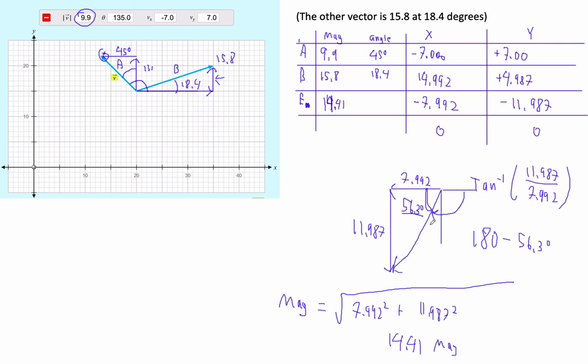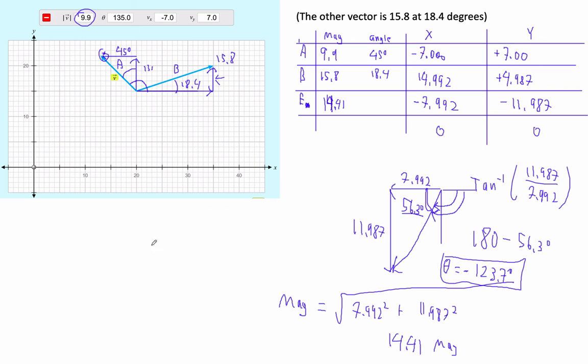So you've got to be clever about it when you go in there and try to draw that next vector, and I'll show you that in a second here. You're going to have to use the correct angle. So 180 minus 56.3, this angle right here, theta, is going to be negative 123.7 degrees.